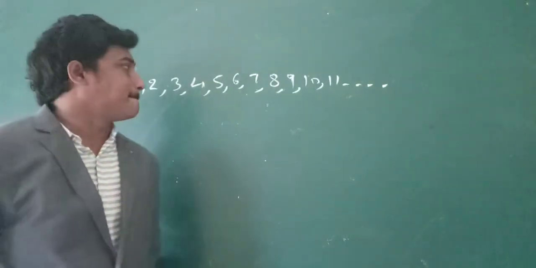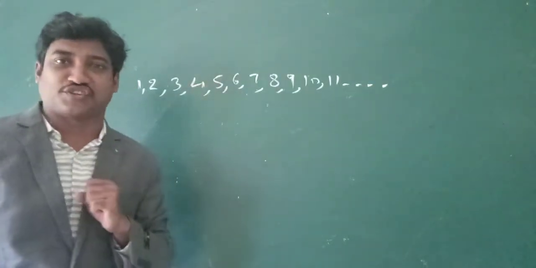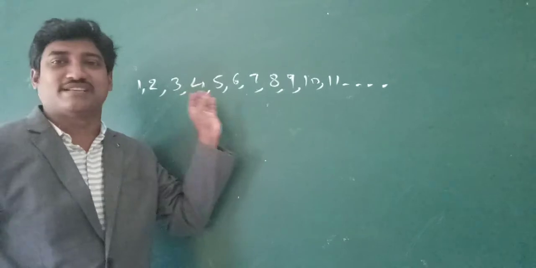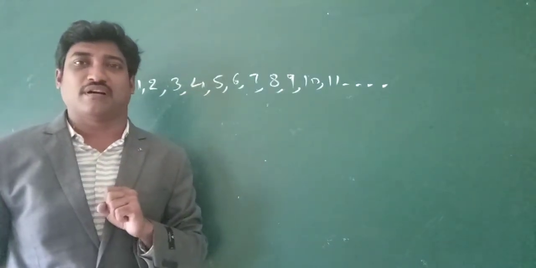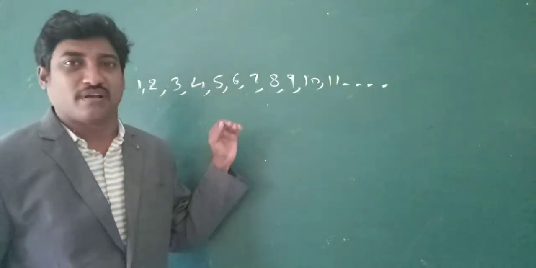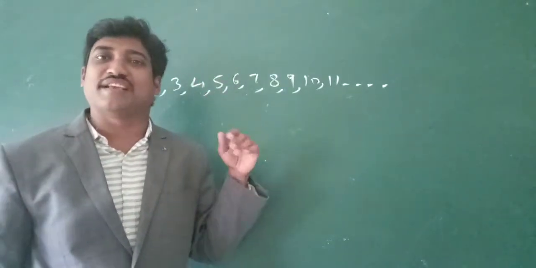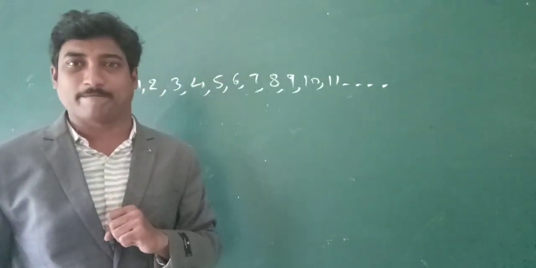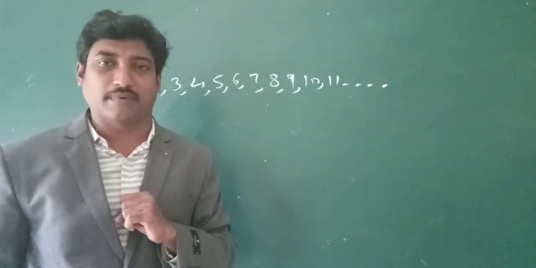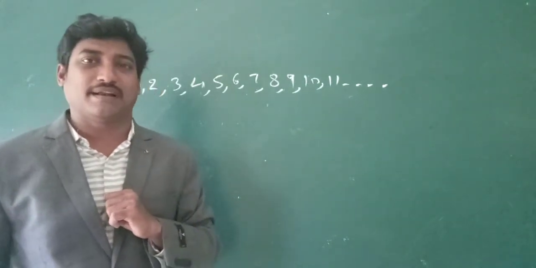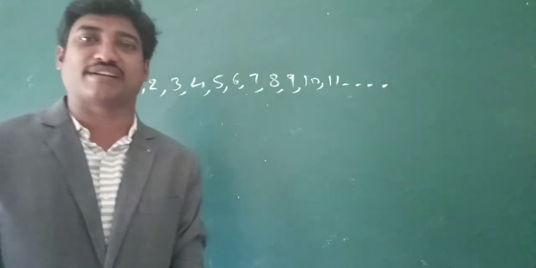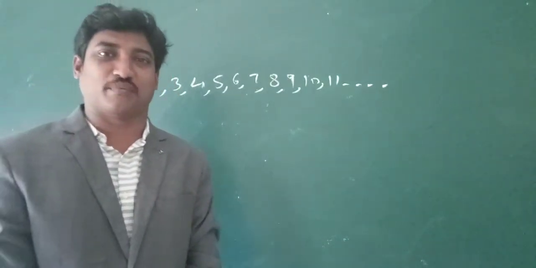We can divide these natural numbers into three categories: one is prime, another is composite, and one is neither prime nor composite. As we discussed, numbers which have only two factors, 1 and itself, are called prime numbers.